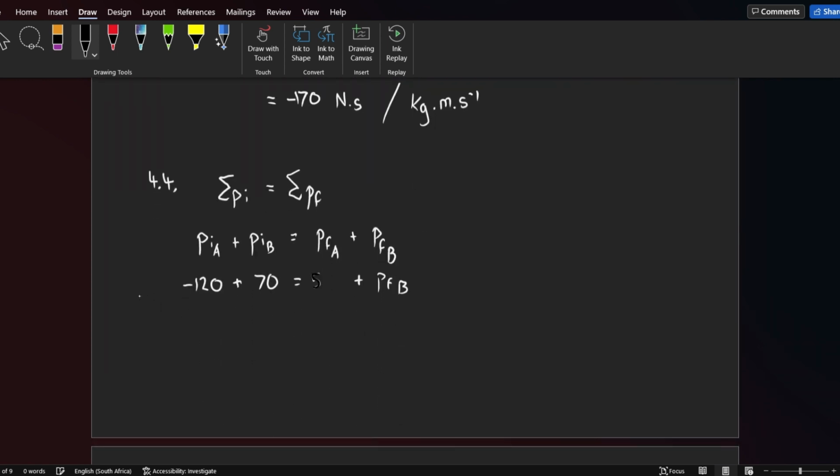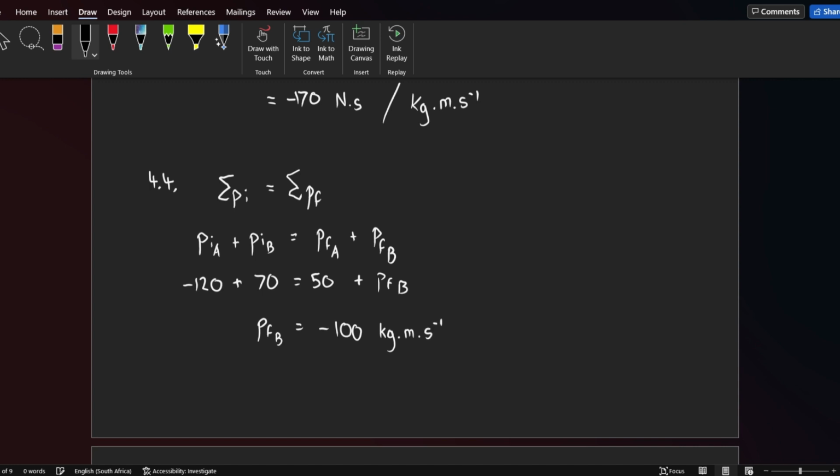So we simply fill that in, and then using our rules of algebra, we solve for the final momentum of object B, and we get negative 100 kg meters per second.